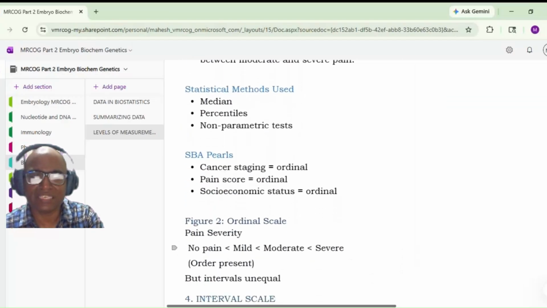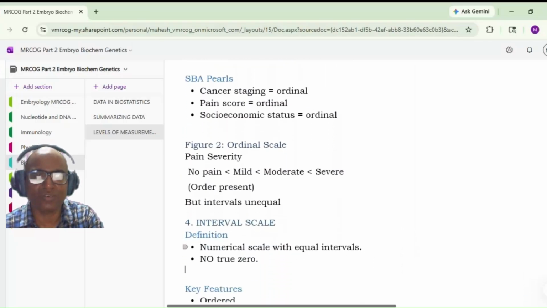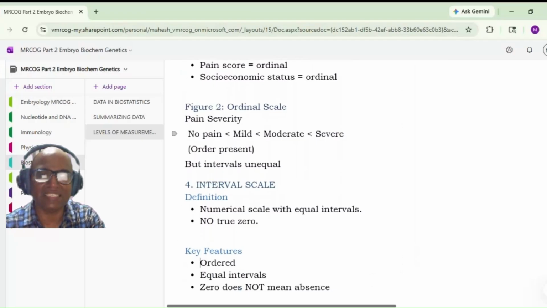Examples are cancer staging, pain score, socioeconomic status. Same example: no pain is less than mild pain is less than moderate pain is less than severe pain. So there is an order over here, but the intervals are unequal.